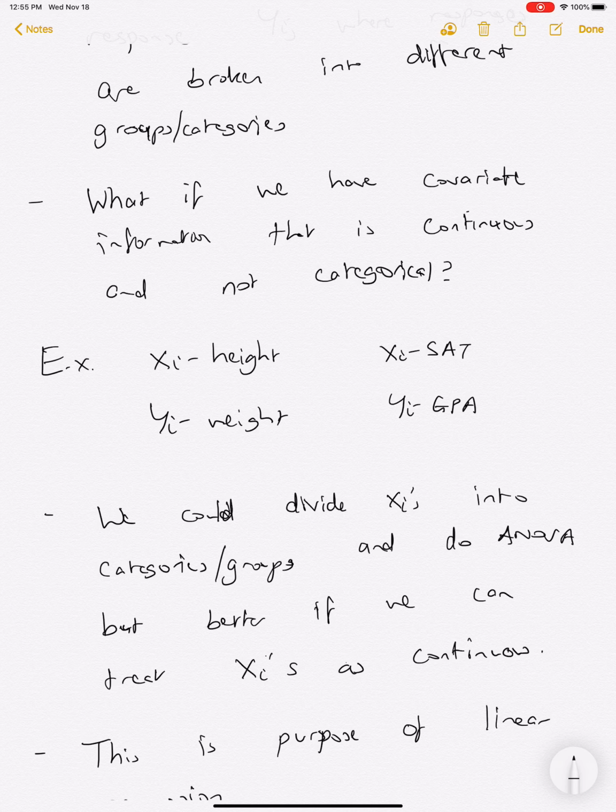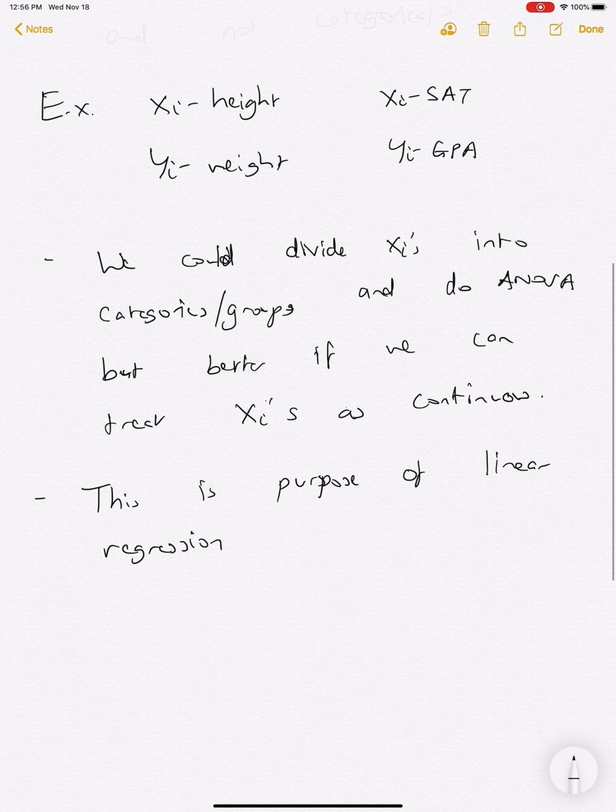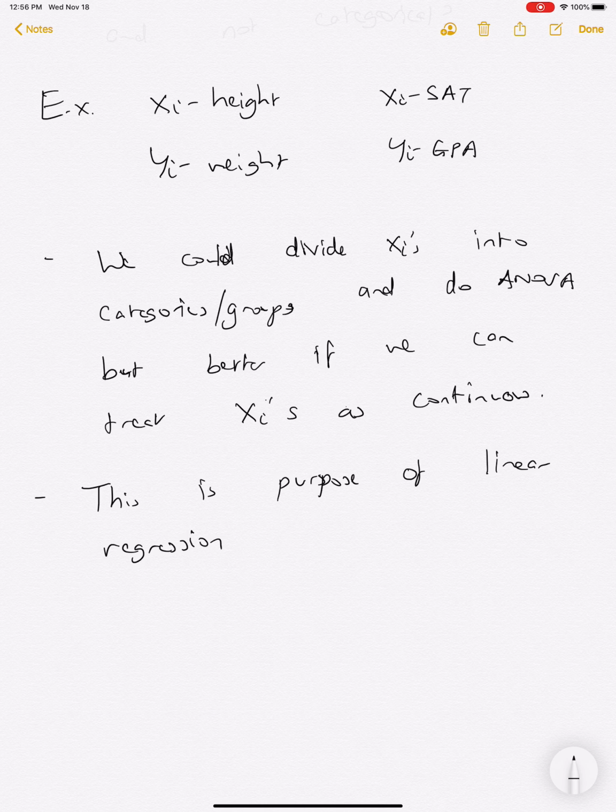If you have a methodology that uses the continuous information within X, that would be the best way to model the GPA or weight when you have this extra information. So we'd ideally like to treat these xi's as continuous, and this is the purpose of linear regression.